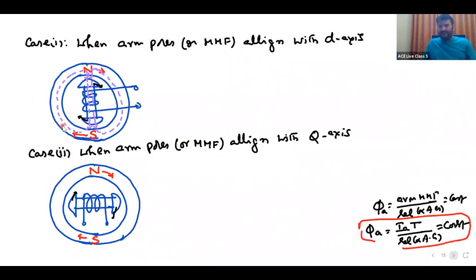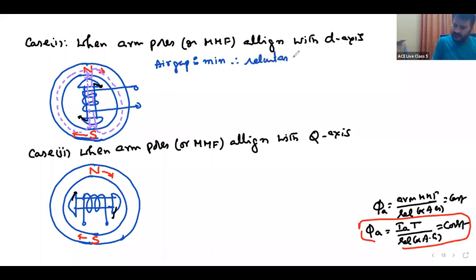Once armature poles align with the D axis, let me write these things. When armature poles align with the D axis, the air gap is minimum. Therefore, reluctance is minimum.